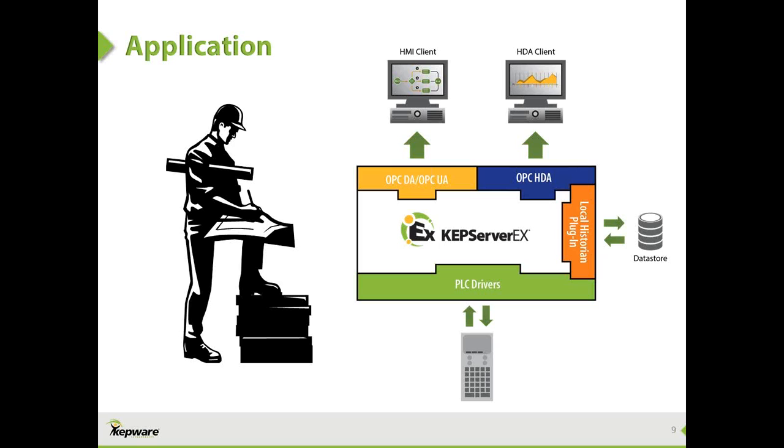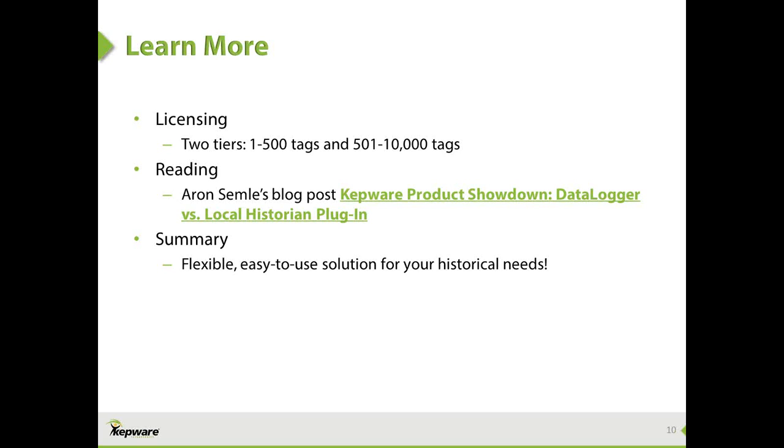It's helpful for local operators and engineers who want to quickly gather and view archived or trending data without needing to access that corporate historian over a network connection. Just a few notes on licensing. The local historian plugin is licensed separately from other products, and it's not included in any of our suites. There are 2 licensing tiers, logging up to 500 tags and up to 10,000 tags.